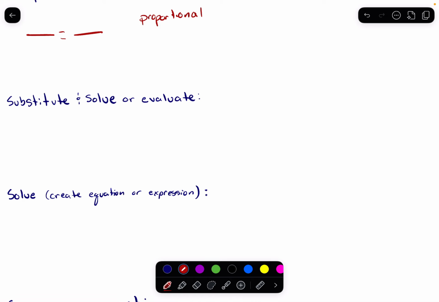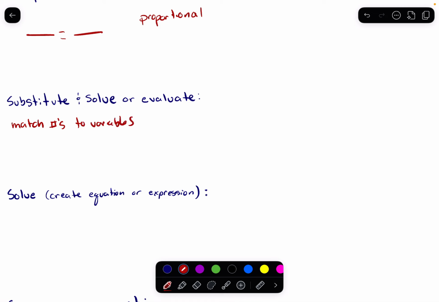So look for designated variables, okay? And as soon as you see a variable, look to see if there's a number in the story problem that matches, okay? So you want to match numbers to variables and plug them in.